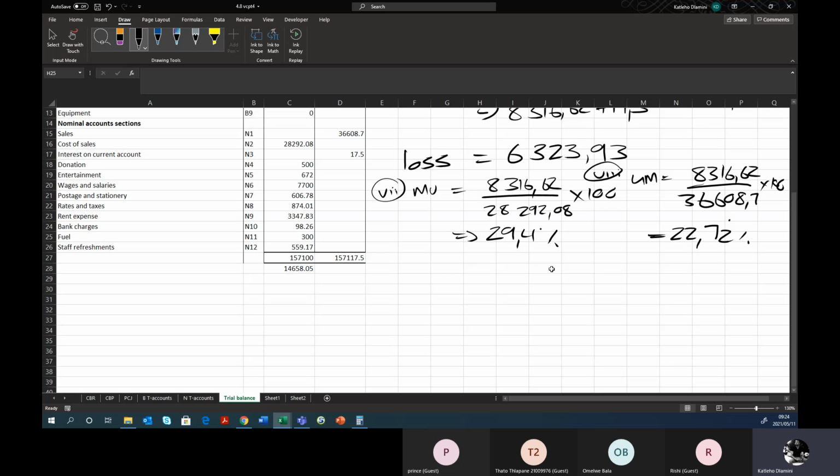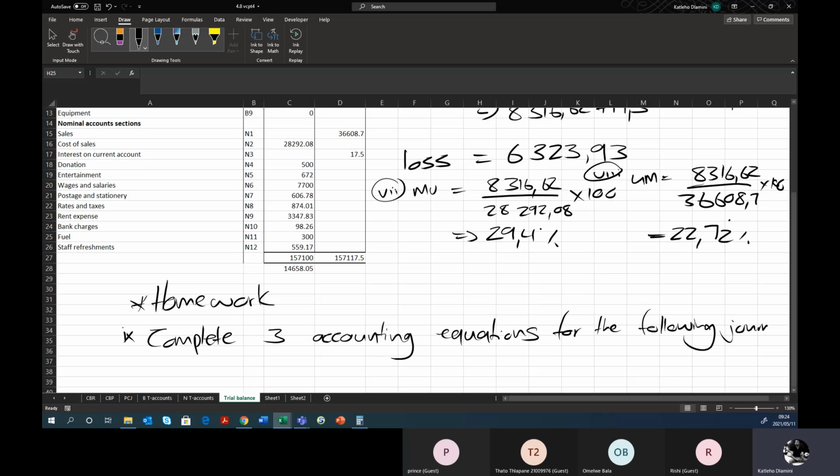Complete the 3 accounting equations for the following journals: CBR, CBP, and PCJ, and balance or total them.